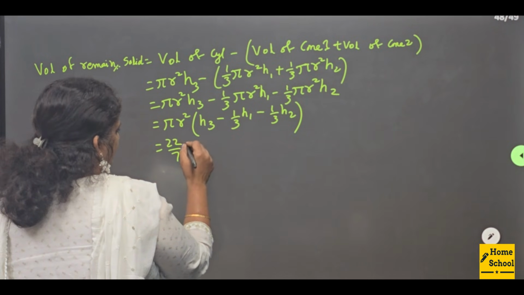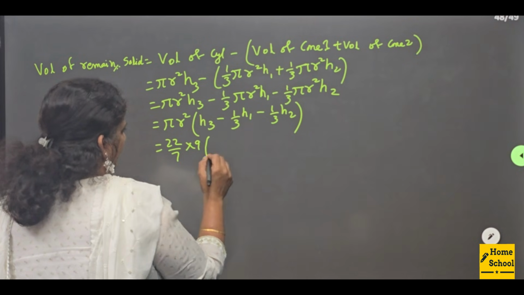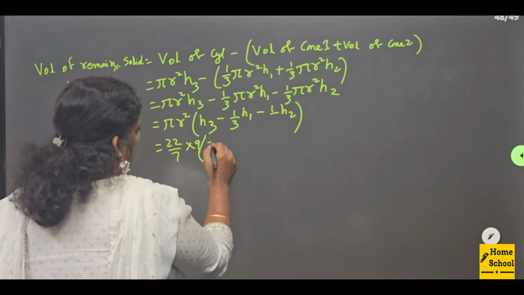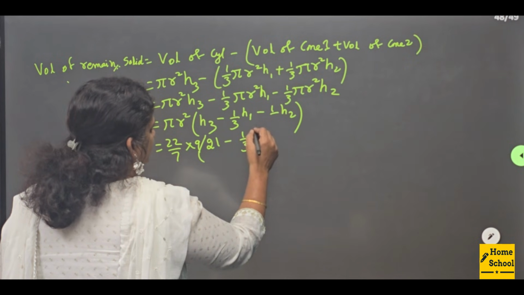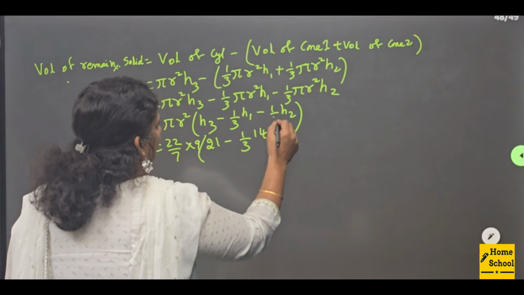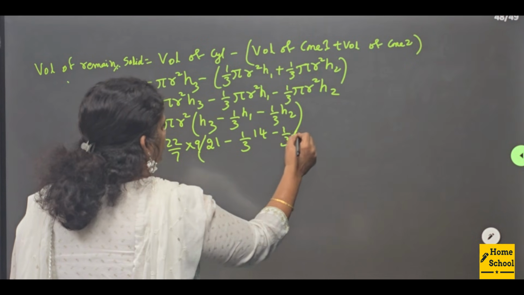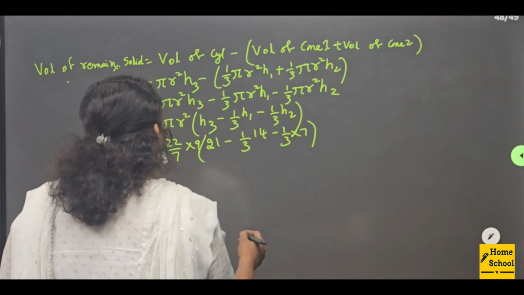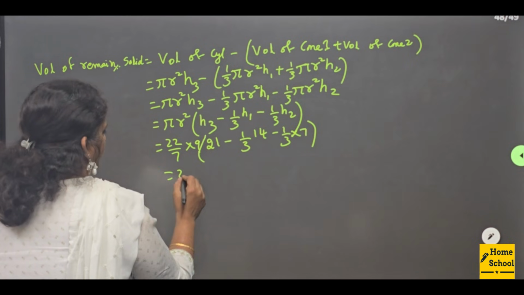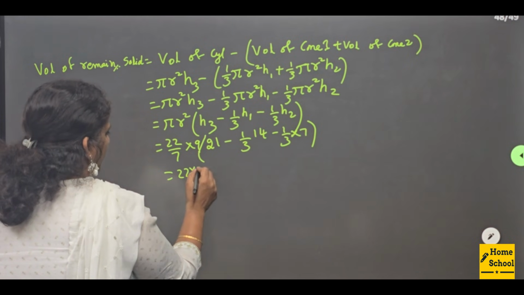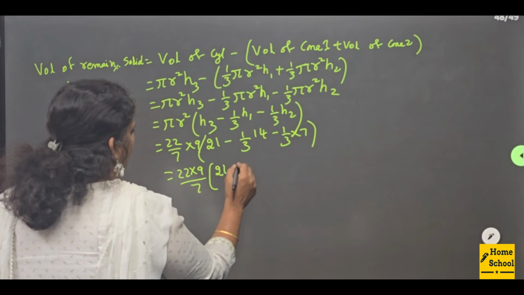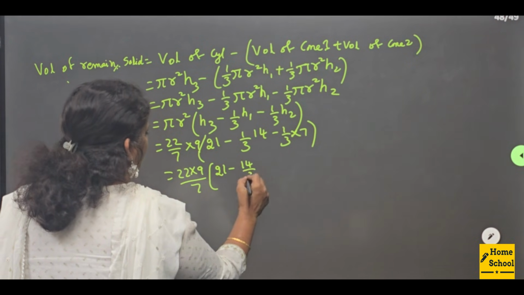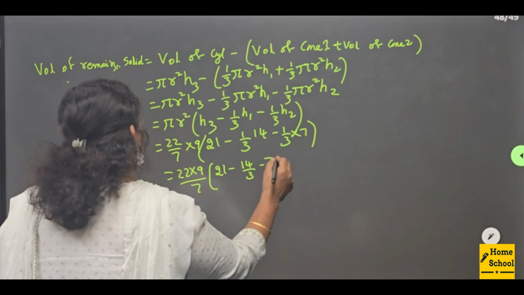Radius is 3, 3 3s are 9, into h3 which is 21, minus 1/3 h1, h1 is 14, and 1/3 h2, h2 is 7. 22 into 9 by 7 into 21 minus 14 by 3 minus 7 by 3.